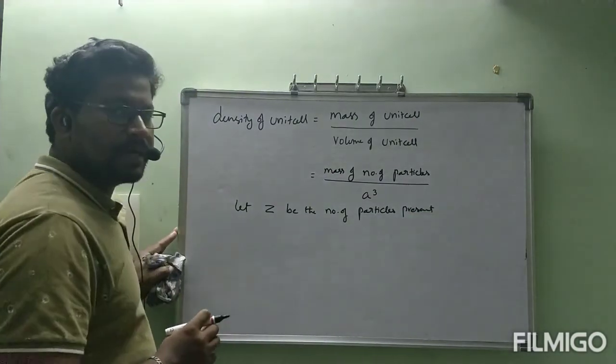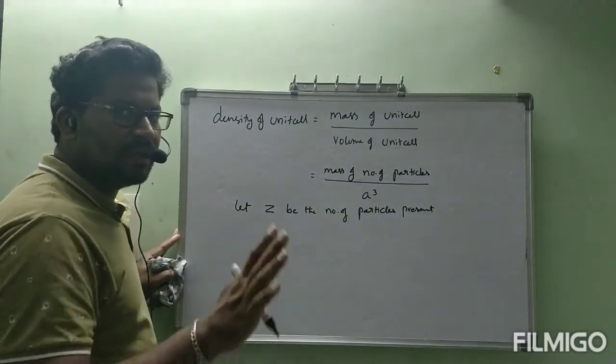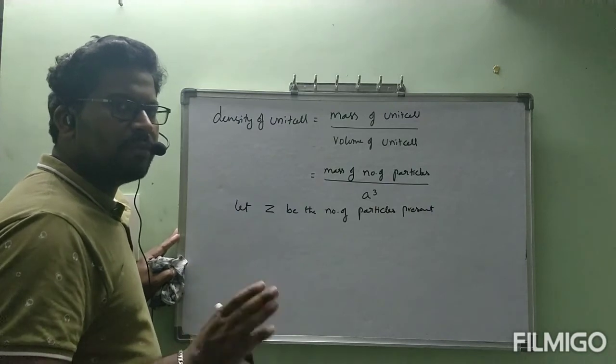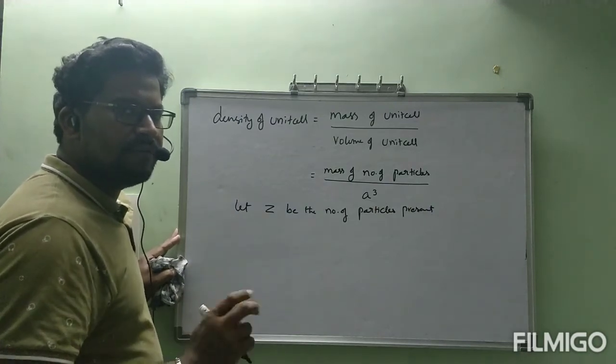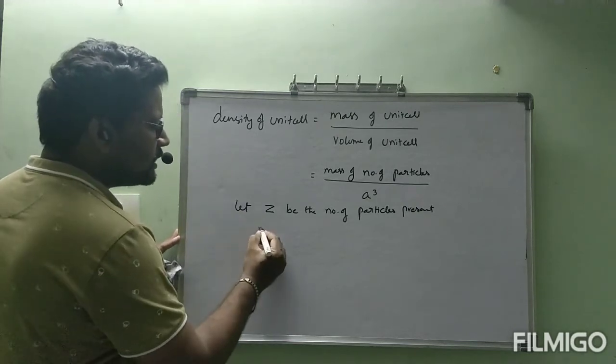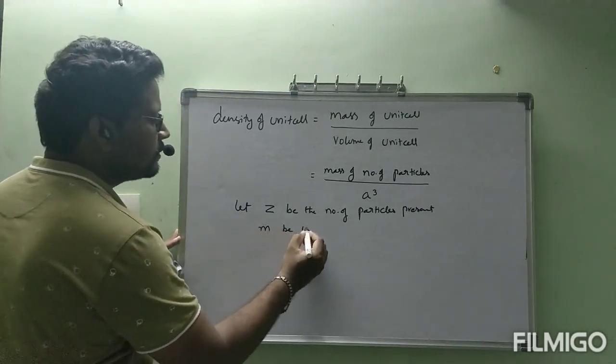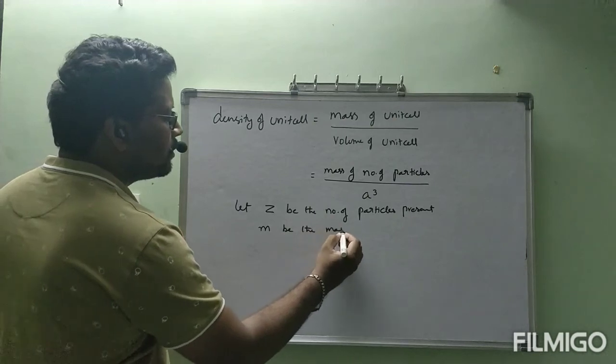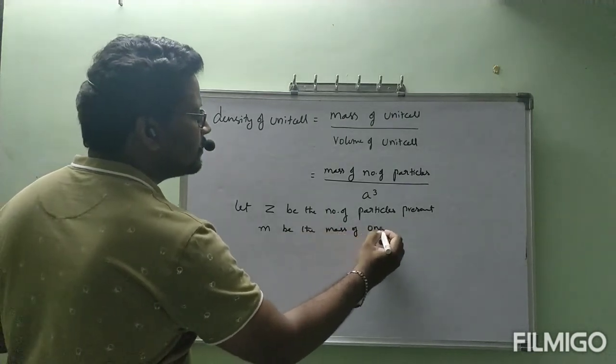Let Z be the number of particles present. If it is face-centered, Z is equal to 4. If it is body-centered, Z is equal to 2. If it is simple or primitive unit cell, Z is equal to 1. Okay. Small m be the mass of one particle.